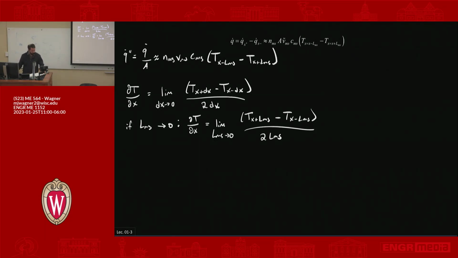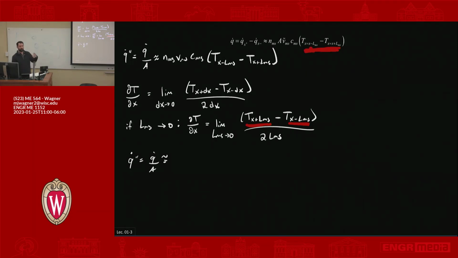We're almost there. We can use this definition to write out the final equation, which is q̇'' equals q̇ over A, which is approximately equal to... well, where does the minus come from? Let's look for a second. Here we have x plus L_ms minus x minus L_ms, whereas up here we have x minus L_ms minus x plus L_ms.